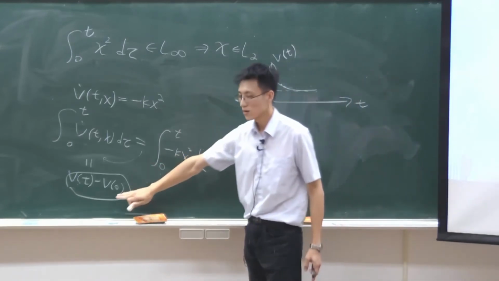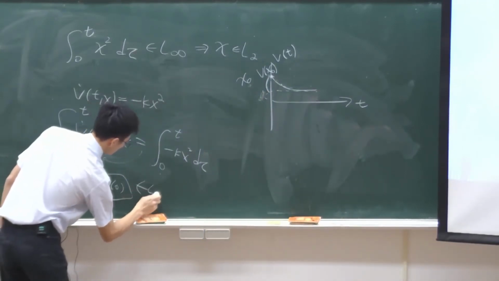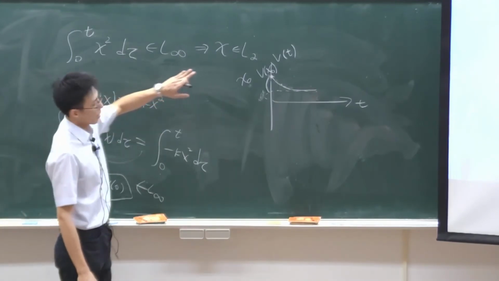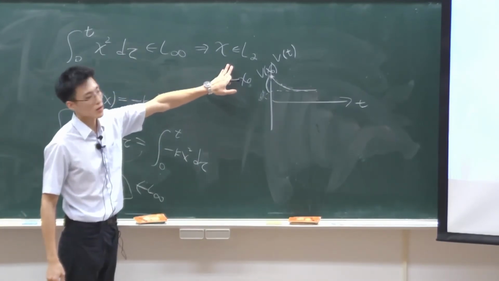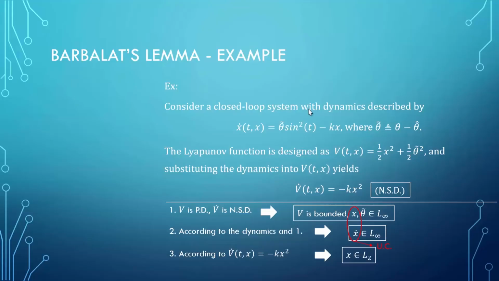So this is bounded. So if this is bounded, then X is an L2 function. Okay. Now you can use Barbalat's lemma. X is uniformly continuous, and X is L2. So X has to go to 0. Understand?